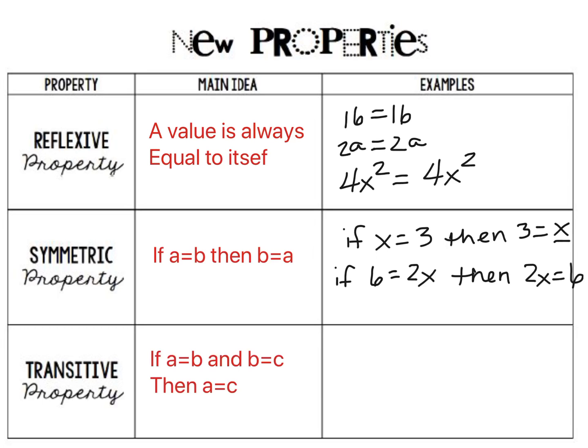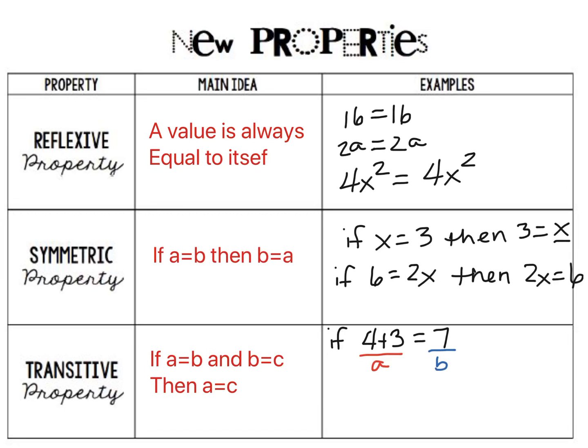And finally, my transitive property states that if a equals b and b equals c, then a must also equal c. And I think an example of this makes it a lot easier to see, okay? So here's my example. If 4 plus 3 equals 7, so I want you to keep in mind this is A and this is going to be B, okay?